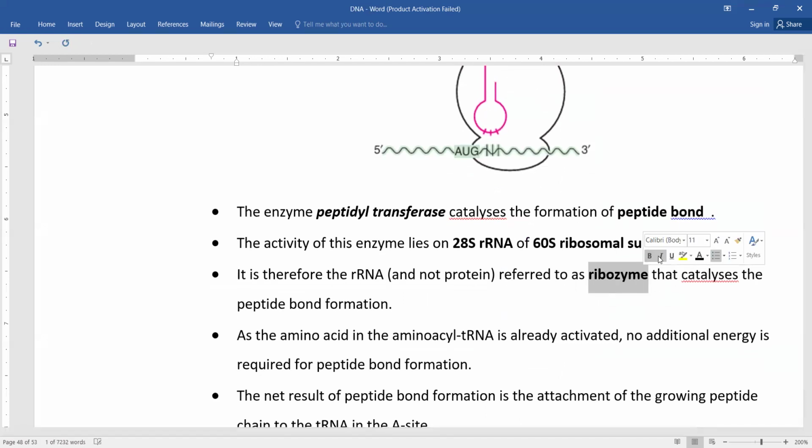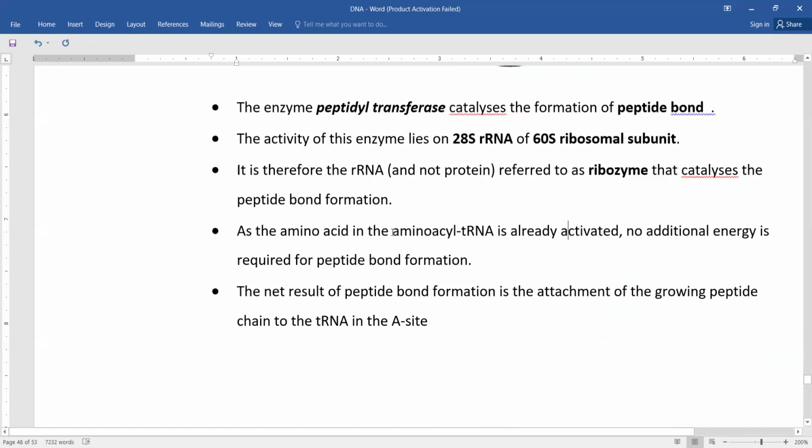As the amino acid in the amino acid tRNA is already activated, no additional energy is required for peptide bond formation. Peptide bond formation ki manaku inka additional peptidyl transferase enzyme undi, tarvata ee ribozyme ane 28S rRNA undi. So avi undadam valla elanti energy avasaram ledu peptide bond formation ki.